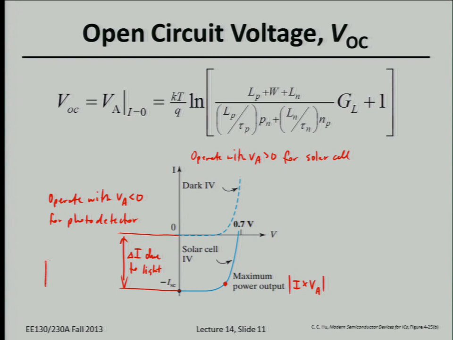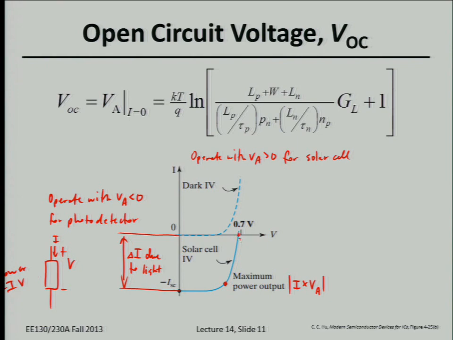Generically, if you have a circuit element with some voltage applied across it and some resulting current, the power is equal to I times V. For a solar cell, the power is I times V, but it's negative if you operate the solar cell in the fourth quadrant. If the power is negative, that means this circuit element is generating power rather than dissipating power. That's what a solar cell does. It's used to generate power.